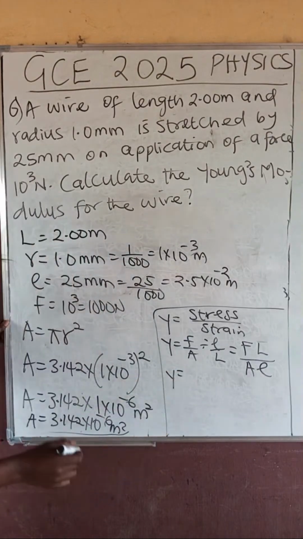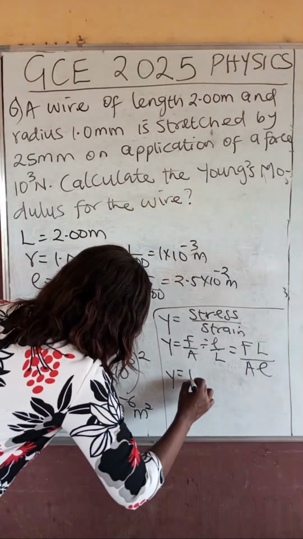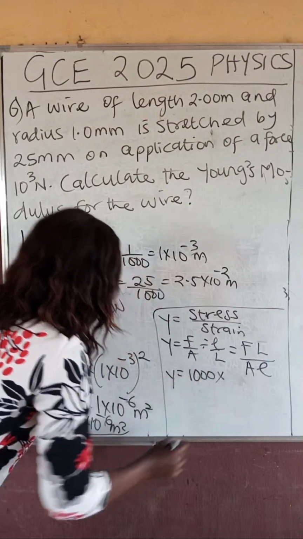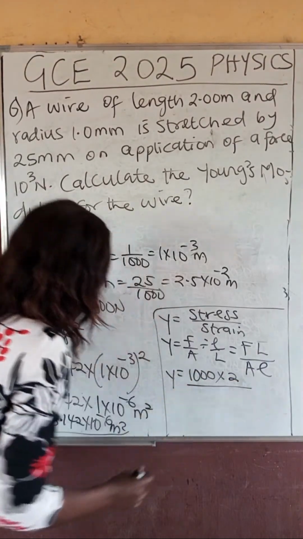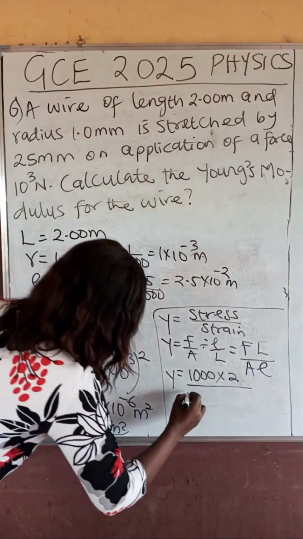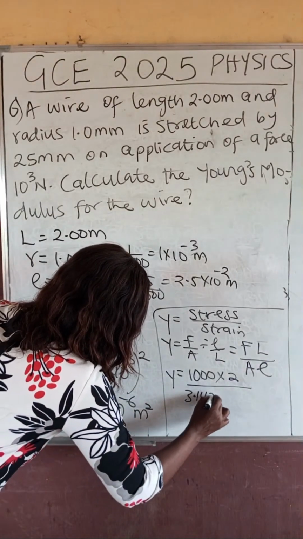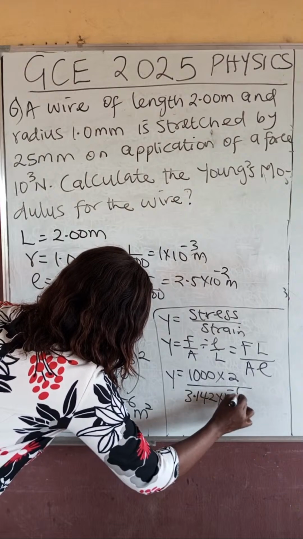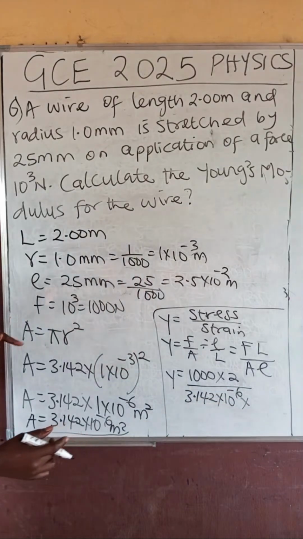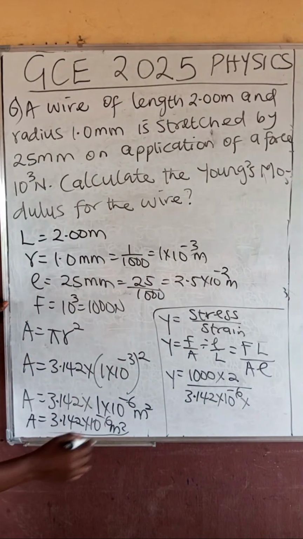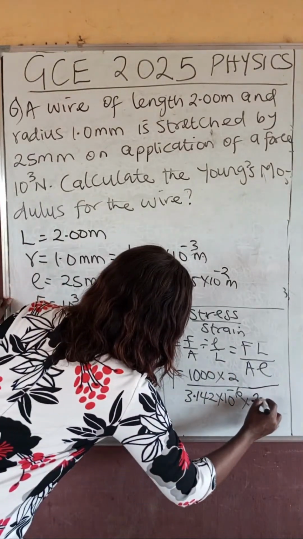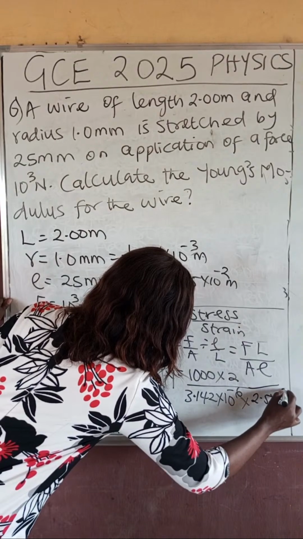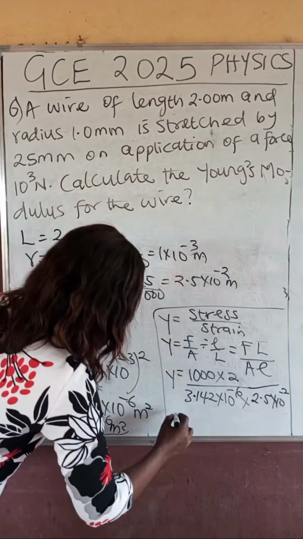Let's put in what we have. My force is 1000, multiplied by my length, 2 meters, divided by my area, 3.142 times 10 raised to the power minus 6, multiplied by my extension, 2.5 times 10 raised to the power minus 2.